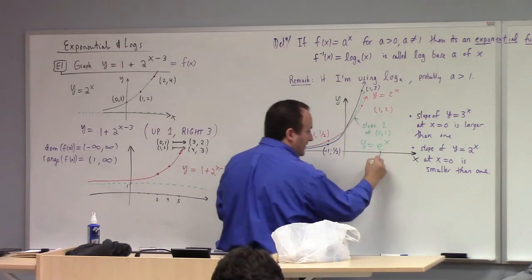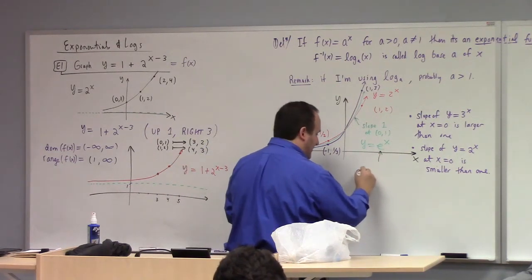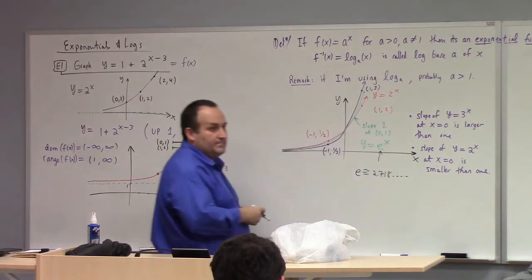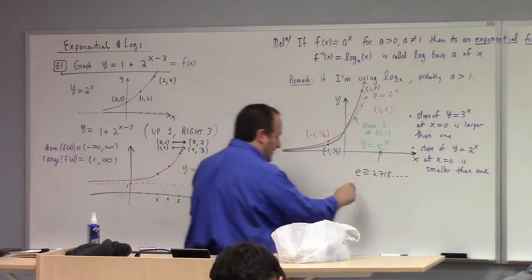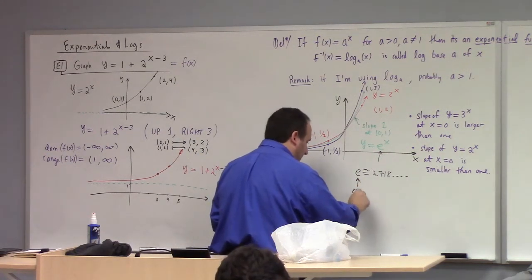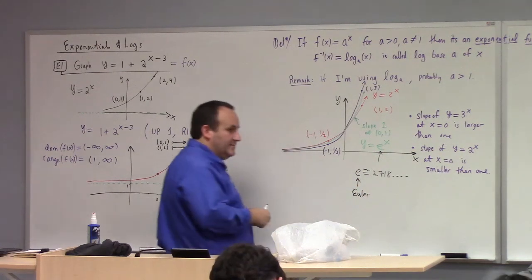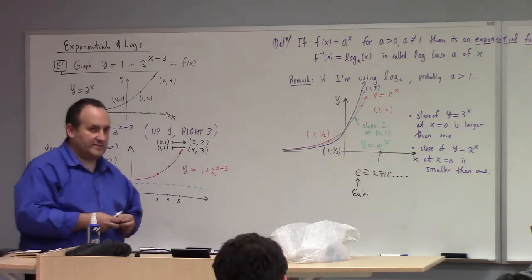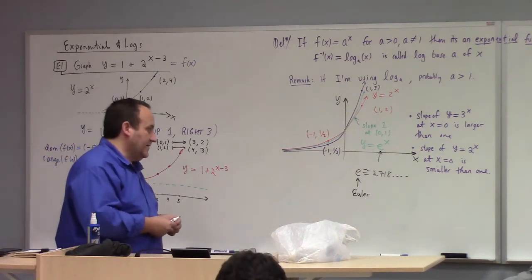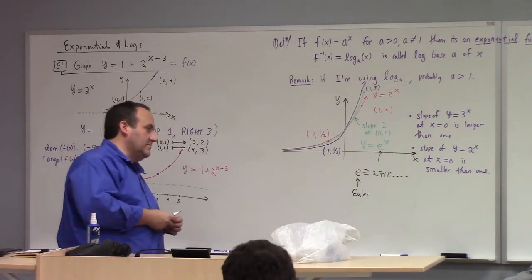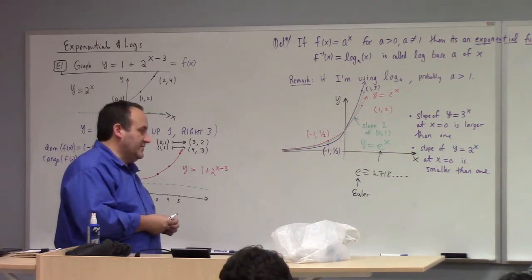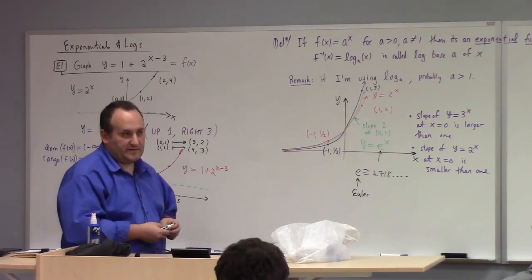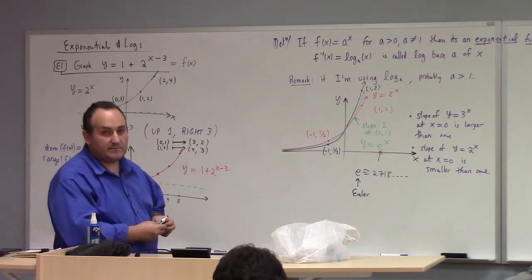So this e here is approximately 2.718 and so on. This e is in honor of a dude named Euler, long since dead. He was a very important 18th century mathematician. He's arguably one of the first mathematicians to really do algebra and pre-calculus in more or less the same way we do it.